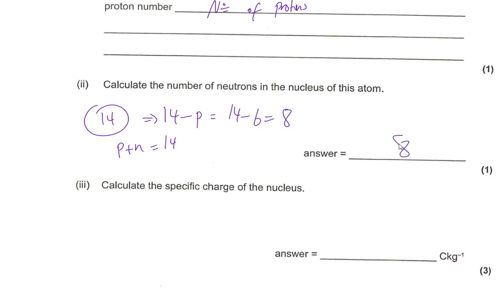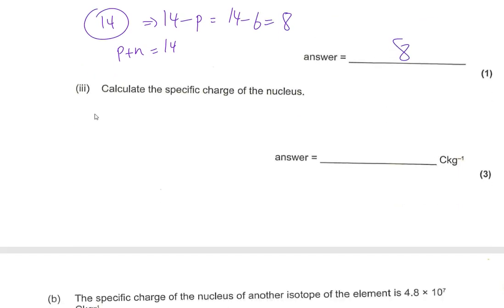So the answer is 8. Now specific charge is charge over the mass. The charge comes from the protons, therefore 6 times the charge.